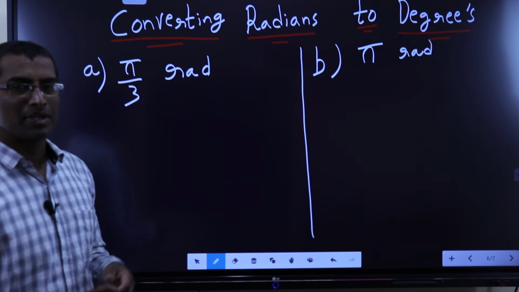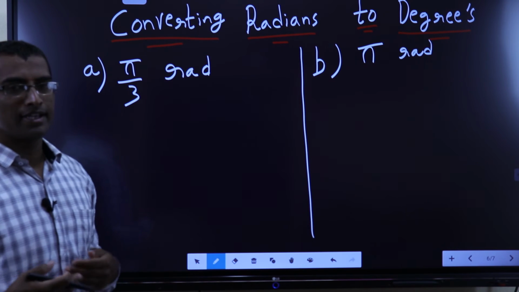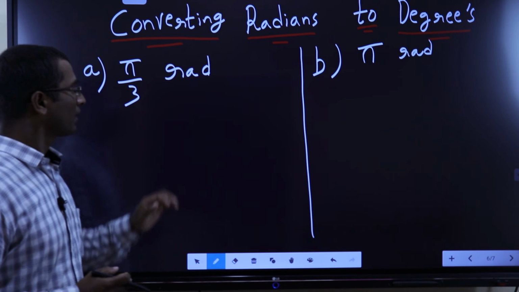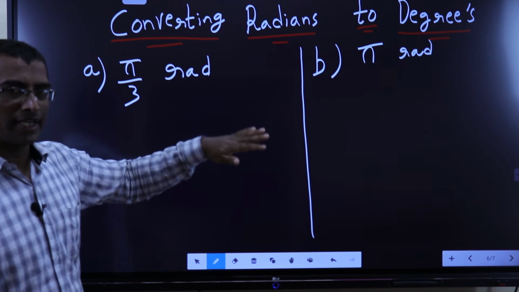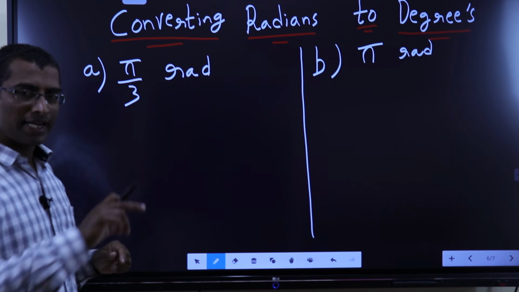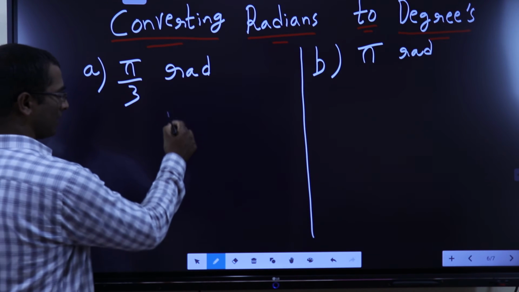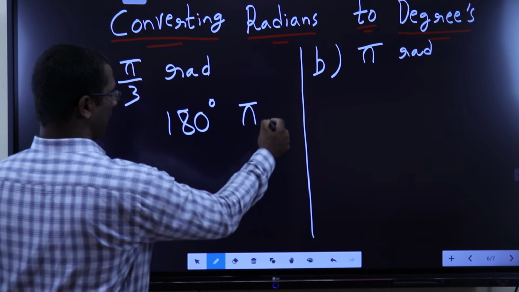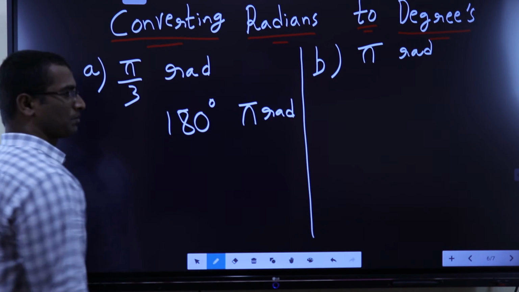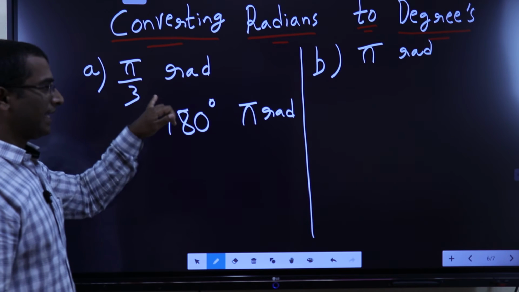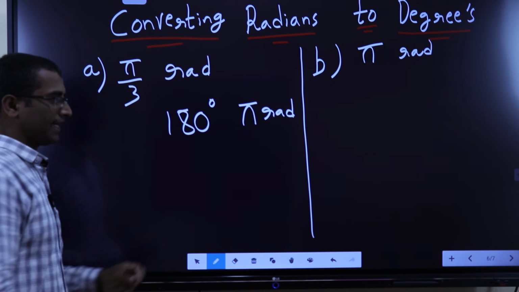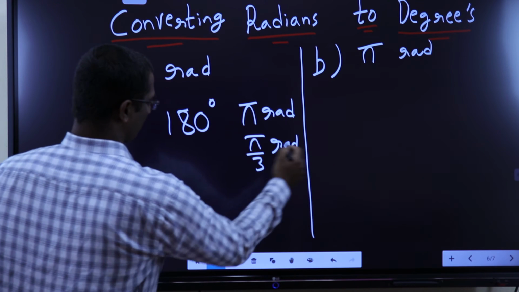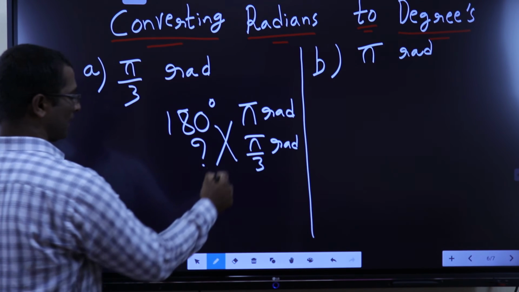Next, if I try to convert radians to degrees, how is that done? Let us look at certain examples. If I want to convert pi by 3 radians to degrees, how? In the same way, write the first line for converting, and that is 180 degrees is nothing but pi radians. Okay. Now here I have radians, so I need to write radians below on this side. So pi by 3 radians, question mark on this side, cross multiply.